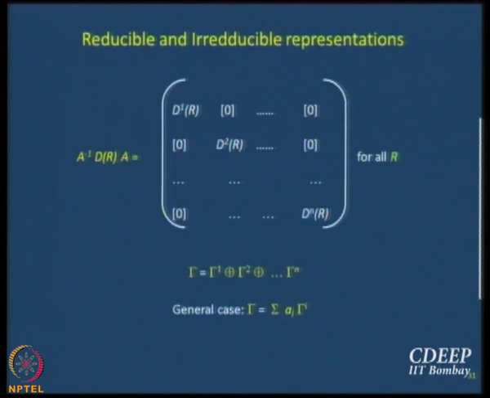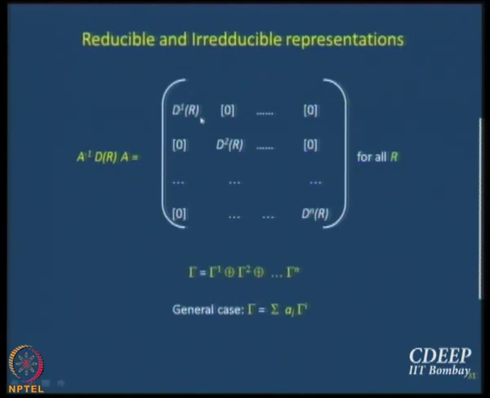Okay. And this is how we write it. Let us say this is a reducible matrix. Okay. So, here we have all these diagonal non-zero blocks, off diagonal blocks are all 0. Okay. This is how we write it. Gamma equal to gamma 1. What is gamma 1?